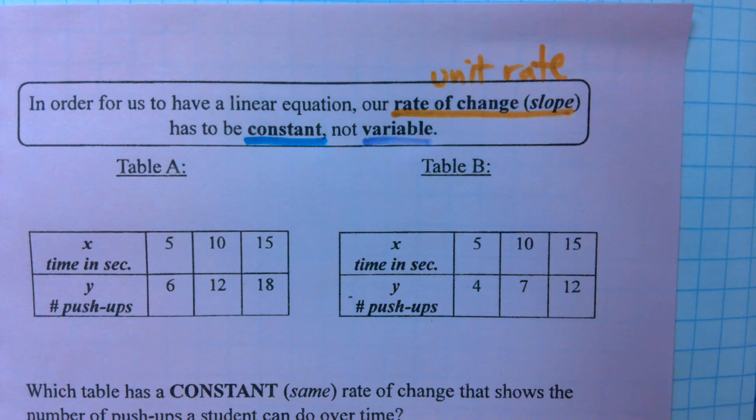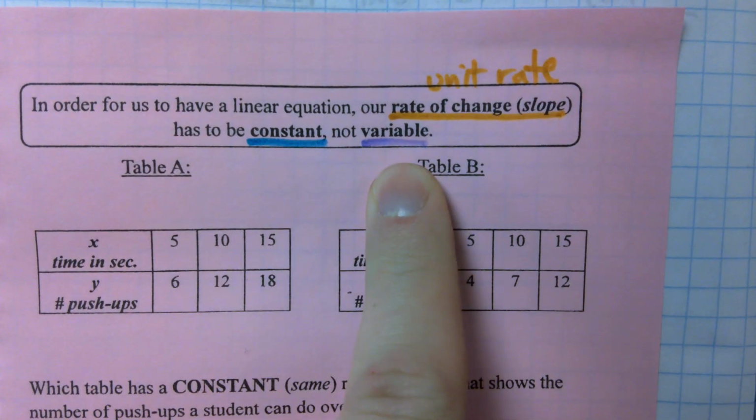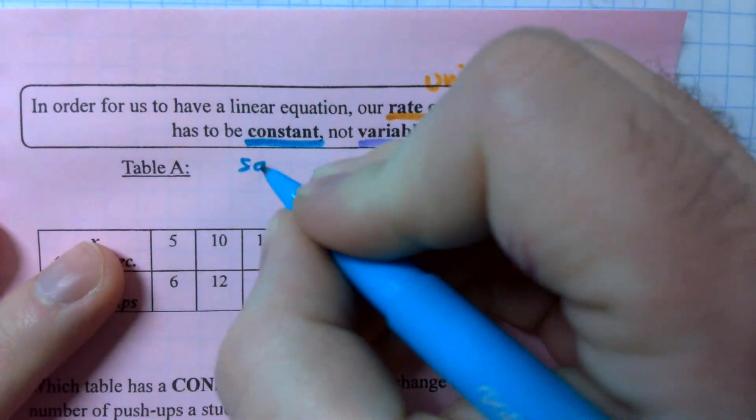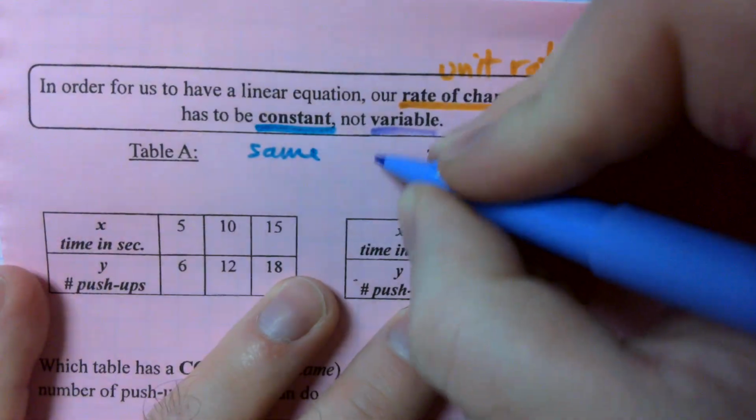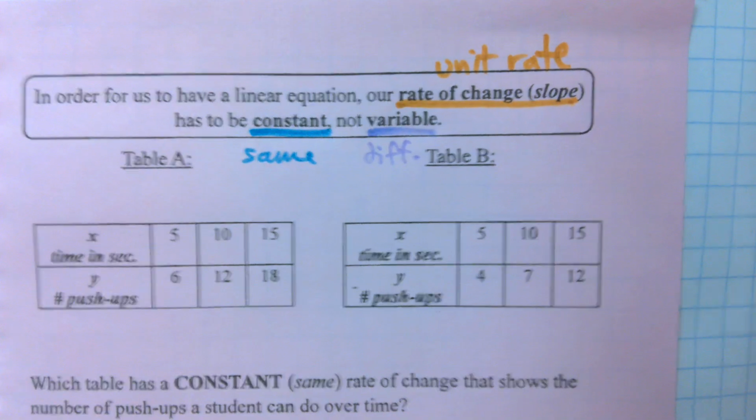X could be anything because x is a variable. So another word for this would be different. So constant means the same, repeating, repeating, repeating. Variable means different. So underneath constant, we're going to write same. Variable means different. I'm just going to put diff.